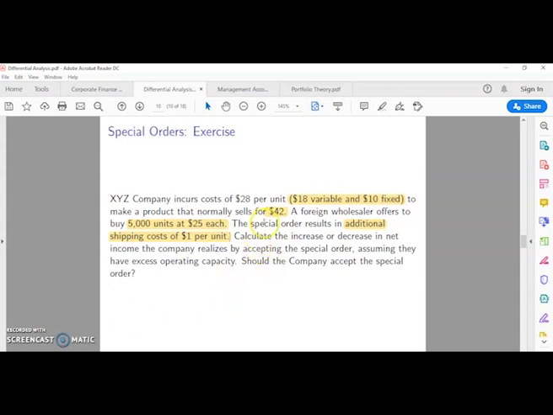So in this case, the very important point is that, first of all, I'm going to consider the variable cost for each additional unit that I produce plus $1 additional cost for shipping that I have to consider.